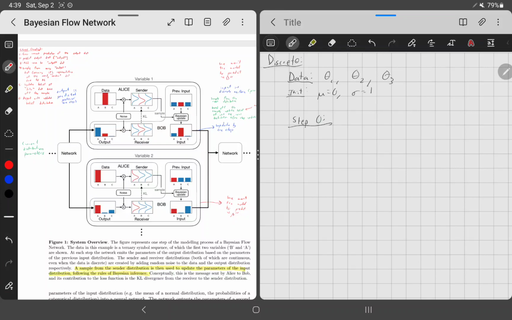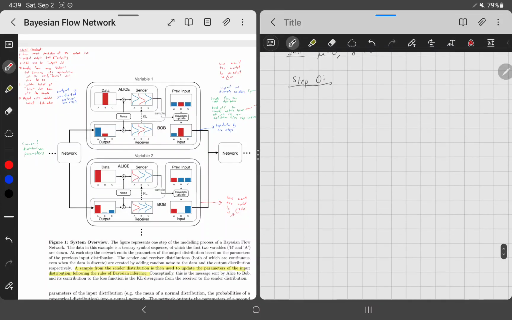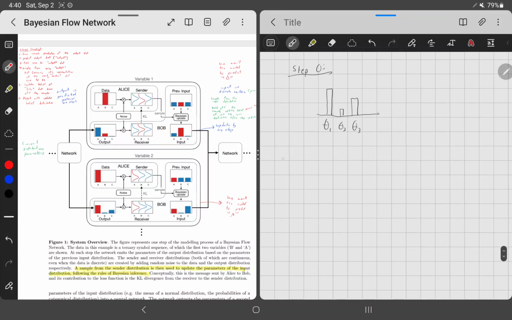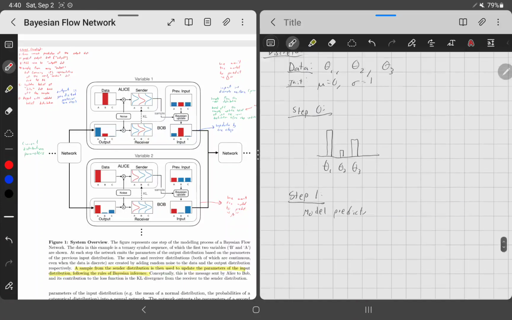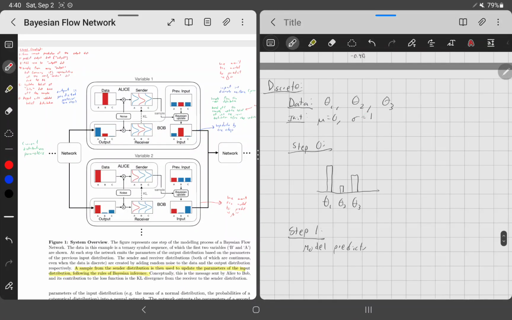So at step 0, let's say we start off with a distribution that looks like this. So this would be theta 1, this is theta 2, this is theta 3. Now at step 1, or the next step, the model predicts. The model isn't given these theta.